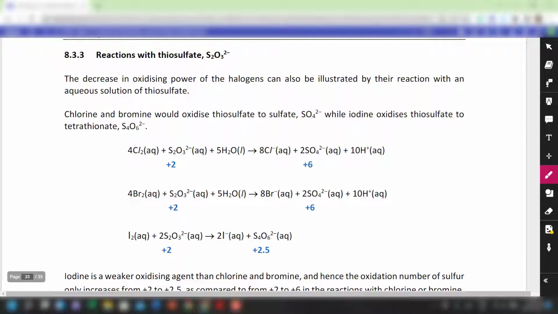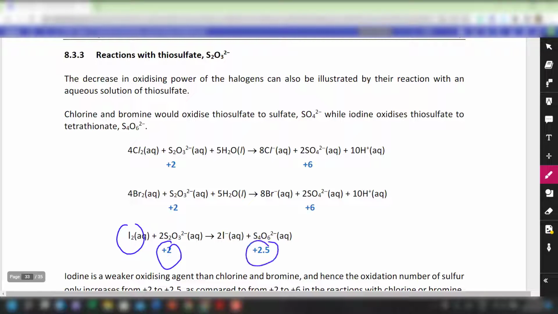We are all aware that iodine is able to oxidize thiosulfate, the sulfur in thiosulfate, from +2 to +2.5. So if I'm going to use a stronger oxidizing agent such as bromine and chlorine, I would expect a higher oxidation state to be reached if they are indeed stronger.